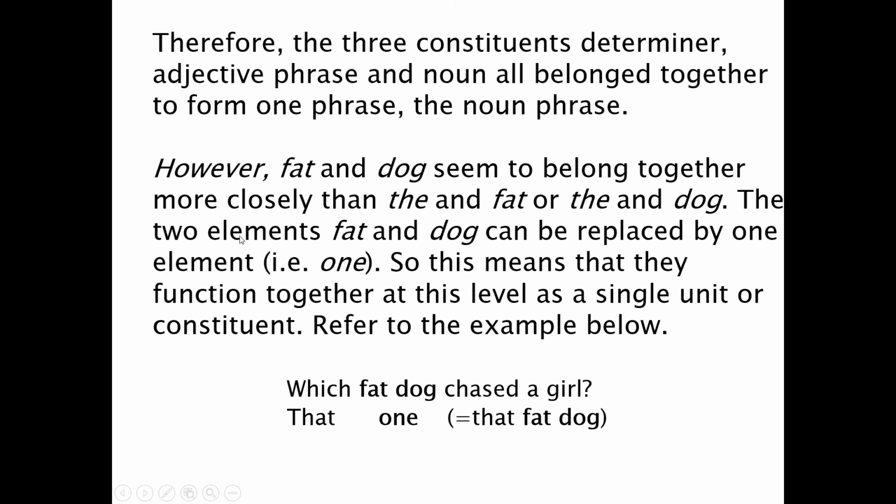However, fat and dog seem to belong together more closely than the and fat, or the and dog. The 2 elements, fat and dog, can be replaced by 1 element, for example, one. So this means that they function together at this level as a single unit or constituent.